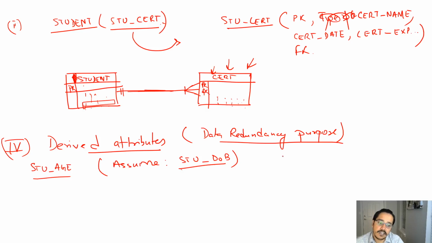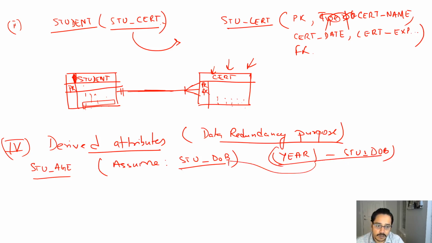Because now you can invoke the SQL inbuilt function called year and then subtract it with the student date of birth. So that means you can perform a relational operation in order to compute, sorry, not the date of birth, but the age of the student.